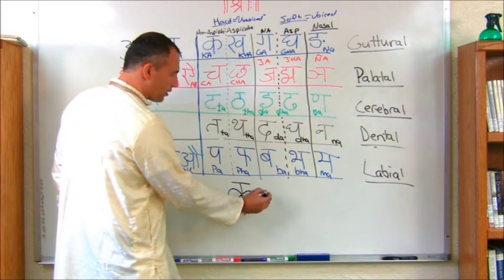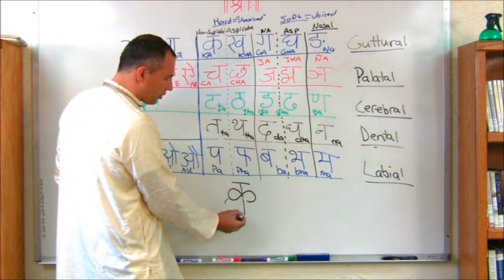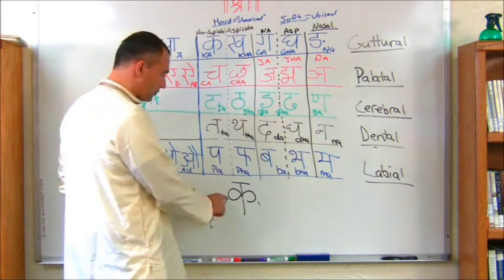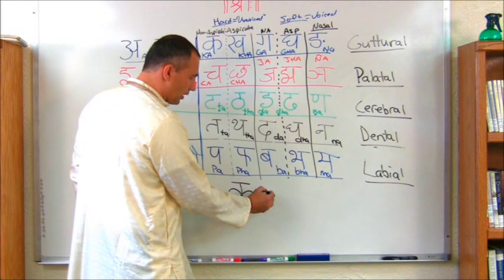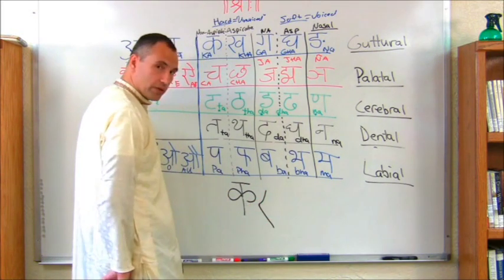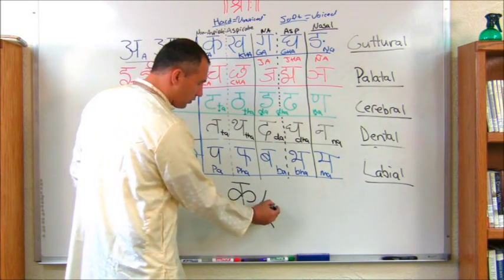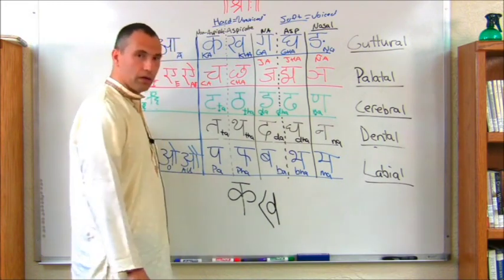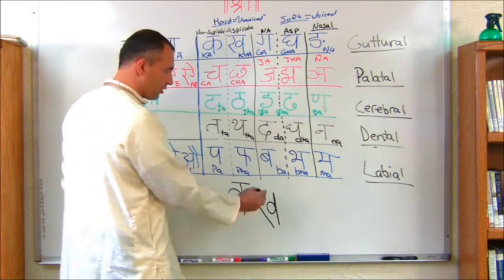Then the next letter is, and the way I remember it, think of the two hemispheres of the brain, okay? Left and right hemisphere. The next letter is kha, and here's how we write it. Start with this, then add a circle and a vertical line, okay? Want to see it again?